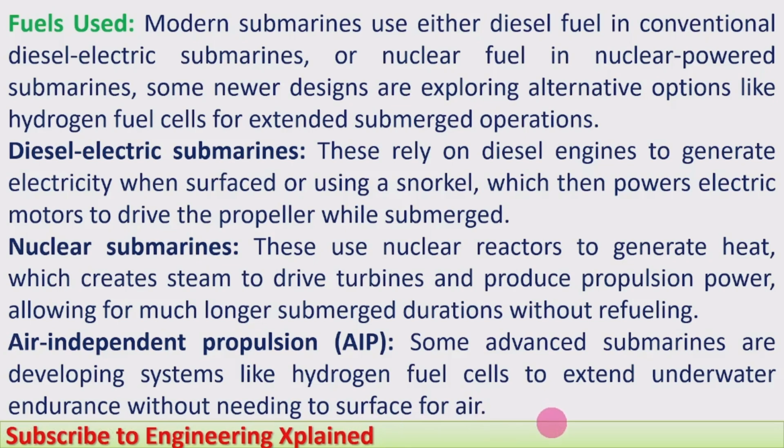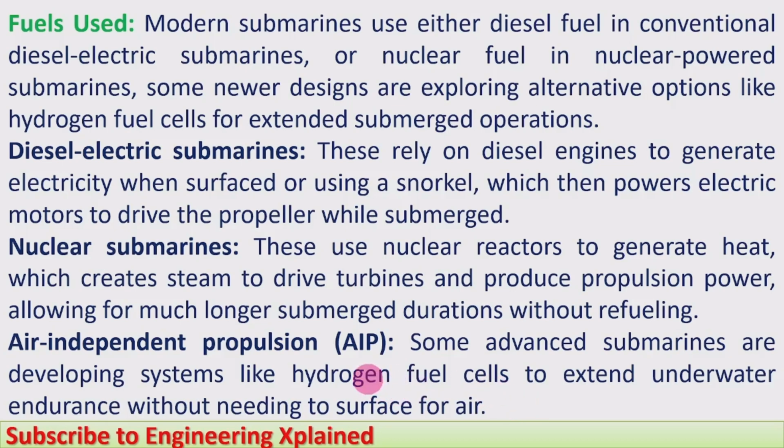How the submarines can be run: as I mentioned earlier, the fuel cells are used. Hydrogen fuel cells means if you supply electricity to the water using two electrodes, the water will be split into hydrogen and oxygen.